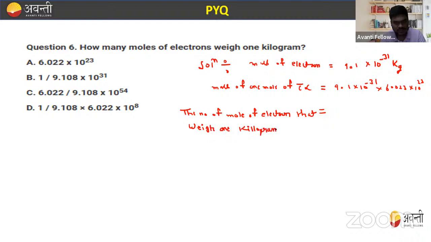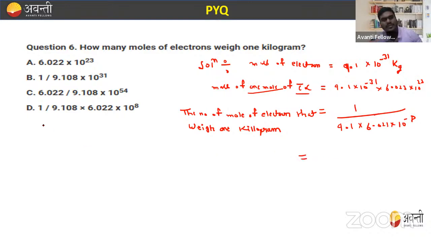The mass of electron is 9.1 into 10 to the power minus 31 kilogram. The mass of 1 mole of electron is 9.1 into this. So the number of moles of electron that weigh 1 kilogram is equal to 1 divided by 9.1 into 6.023 into 10 to the power minus 8, because 10 to the power minus 31 and 23 combine to form 10 to the power minus 8. So on solving, what you get is this, that is option D.